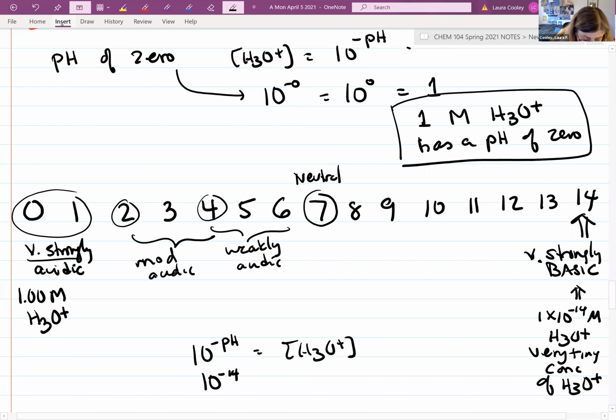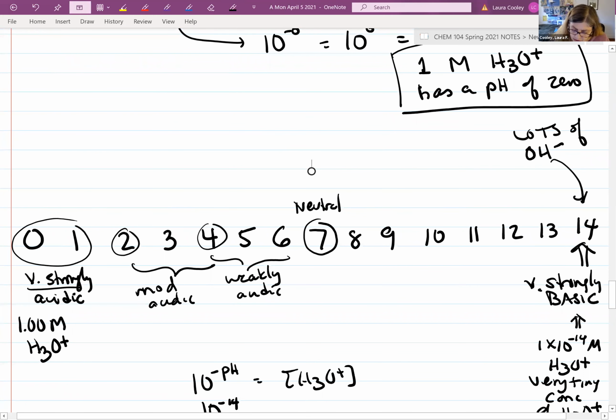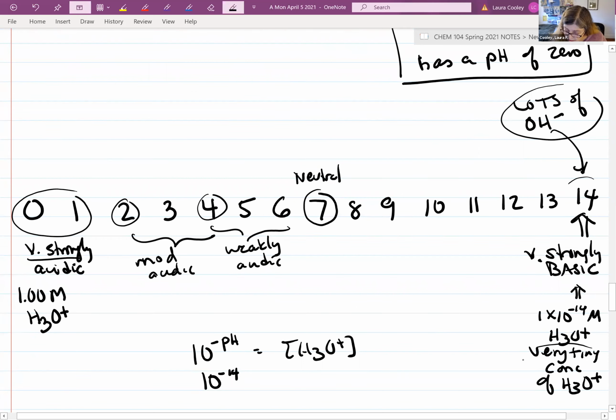Well, if something is strongly basic, what will it have a lot of? What makes something basic? So what does it have lots of here if it's basic? OH minus. Yes, thank you for that answer. Lots of OH minus. So on this end, you have lots of OH minus, and you have a very tiny amount of H3O plus.